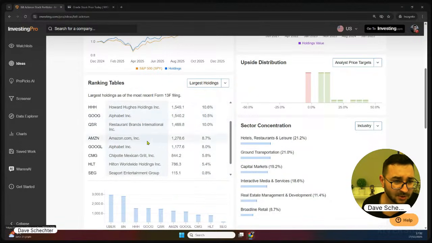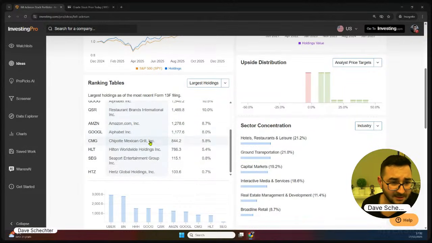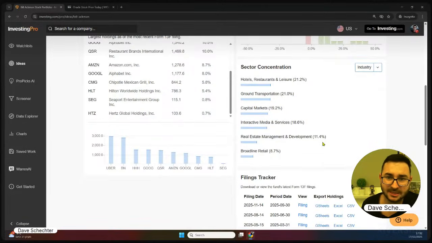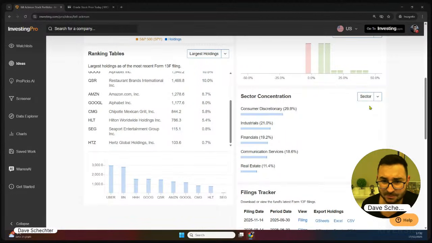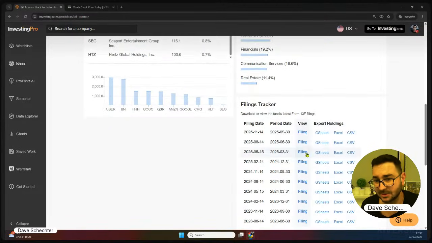He's holding Google, Amazon, different types of shares of Alphabet, that's kind of what it looks like, I guess. Chipotle and Hilton. And if I wanted to get an understanding of what the sector concentration is, I can do that based on industry group or sector. It's almost 30% consumer discretionary, 21% industrials, and 20% financial. So below that are also the filings trackers for the 13F filing.